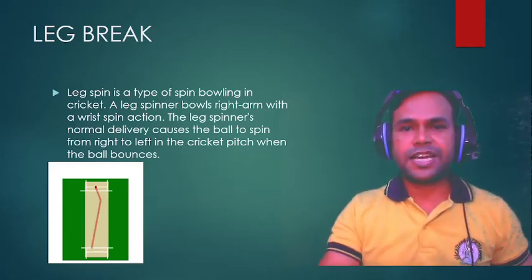Now moving to the second variation, which is the top spinner. You all know Shane Warne is famous for the leg break, and the top spinner is also there. In the top spinner, the ball moves directly toward the batsman's leg. After the bounce, it rapidly takes some height, so the batsman gets confused about what to do.